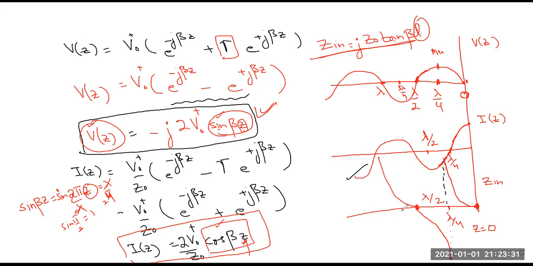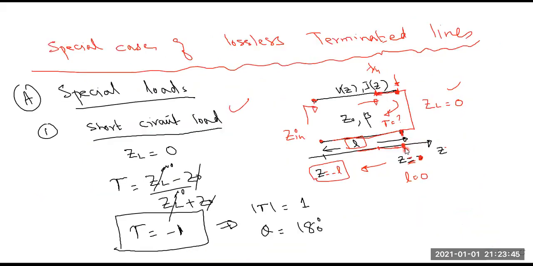Again, I'm not drawing a very accurate graph, but the main point you need to understand is that at this point where you have connected a short circuit load, impedance is equal to 0, and it makes sense. If I find the impedance at this point, of course we have connected a short circuit load, so impedance must be equal to 0.